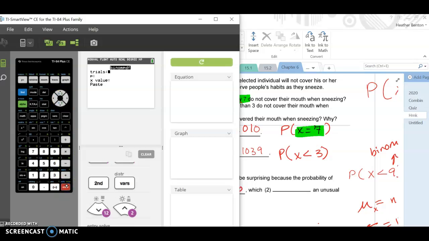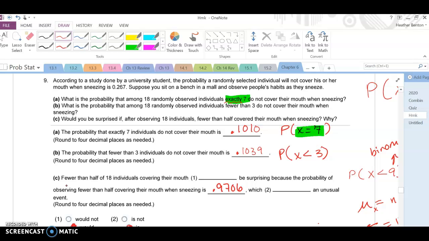In this case, we have 18 people. This is our n, our number of trials. Our probability, our p, is the 0.267. And then what we want to see occur, our number of successes, is our 7.